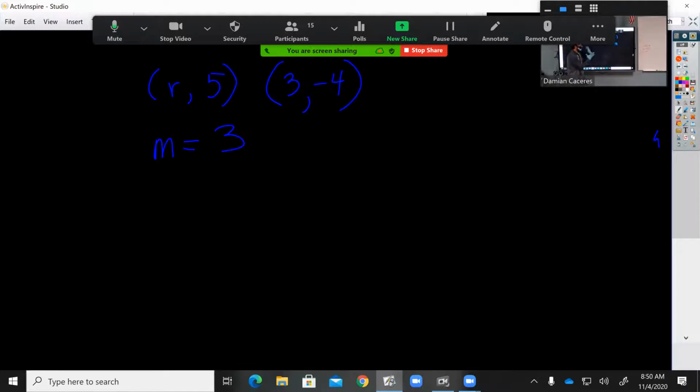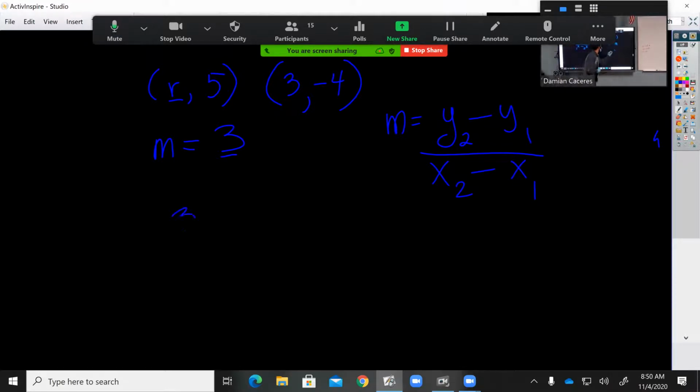So, if they give you the 2 points, but they're missing a coordinate, they have to give you the slope. In this case, the same thing's going to happen. You're going to plug in things where they belong, and there's still going to be one thing missing, the r. We figure out what that value is, and we're done. So the slope formula, again, is m equals the second y minus the first y divided by the second x minus the first.